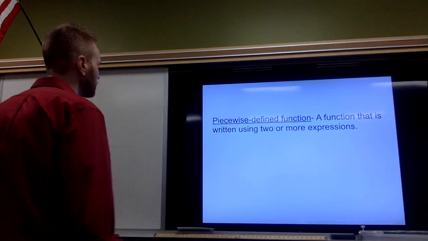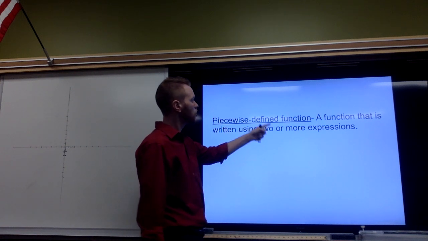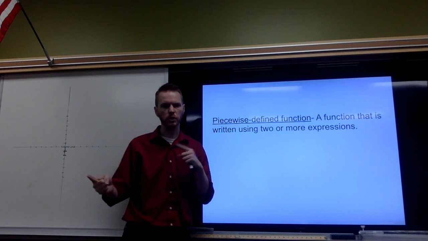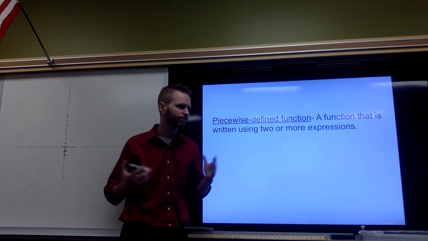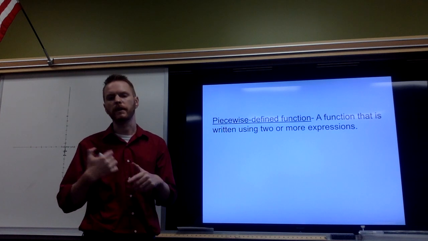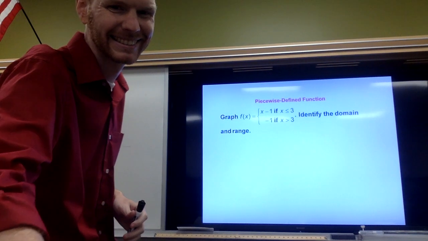So a piecewise defined function is a function that is written using two or more expressions, okay? We're going to do just two expressions today, and then maybe I'll upload some homework help where we look at some three expressions in one function. I should have said that.